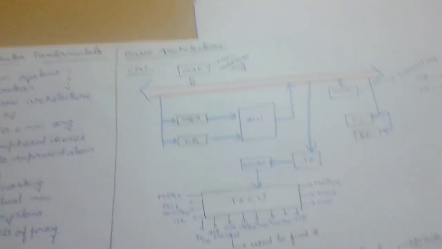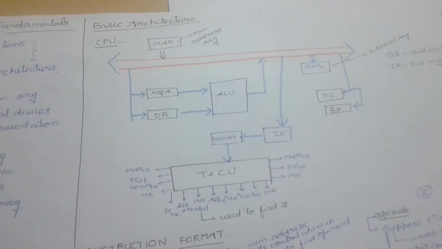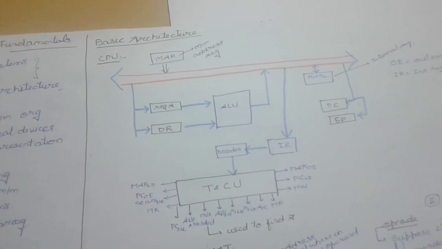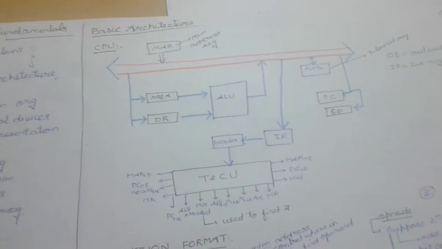Now we are going to talk about a basic architecture of a computer. So in basic architecture of CPU, we are having following components. Okay, first I think we should talk about how instructions are executed in short.